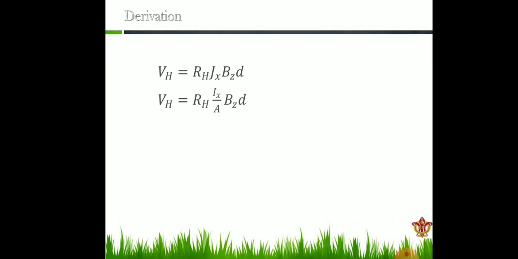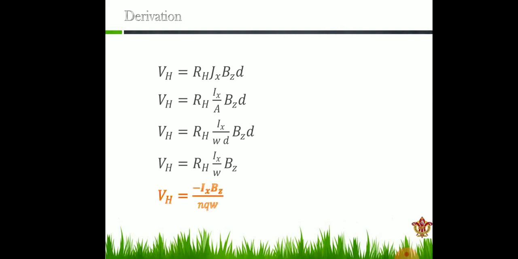Therefore Jx can be written as Ix by A, where A is the cross-sectional area, so A equals W into D, and so the final VH equals RH Ix Bz by W, or we can write minus Ix Bz by NQW, where Ix is the current along the x direction, Bz is the magnetic field strength, N is the number of charge carriers, Q is the charge on the charge carriers, and W is the width of the specimen. So this is the value of VH.